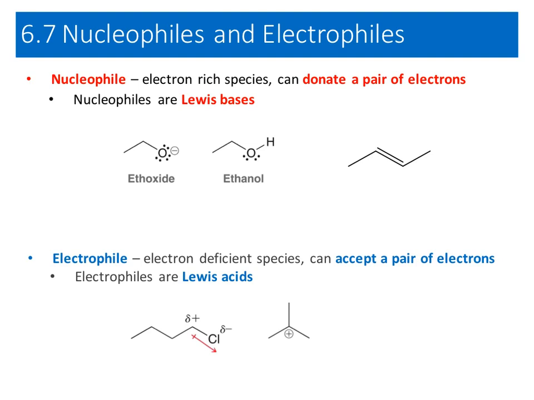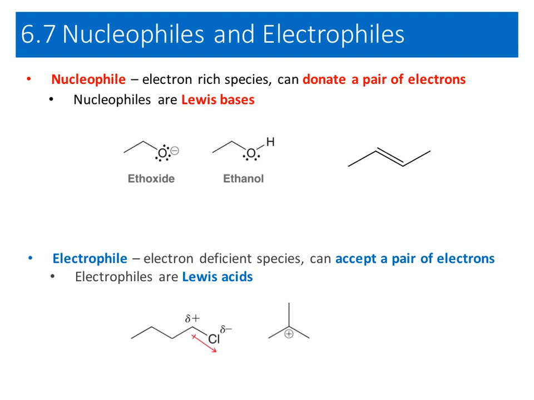If you remember from the acid and base chapter, something that's electron rich is a Lewis base. So basically Lewis bases are examples of nucleophiles. Any atom that has regions with a high electron density can act as a nucleophile.